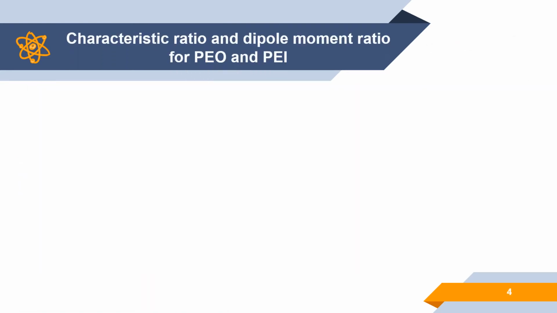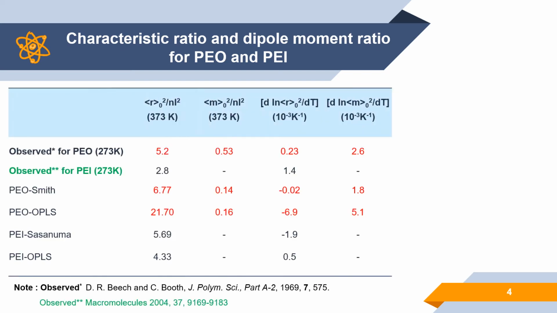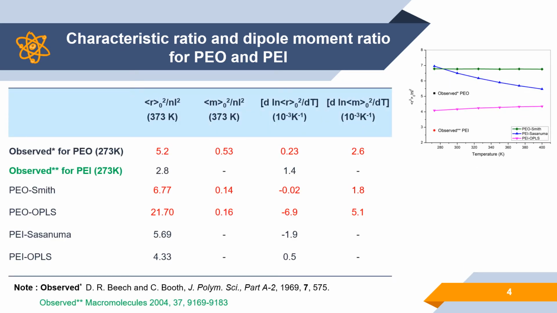After we got the RIS from those two methods, we then calculate the conformation-dependent properties, including the characteristic ratio, dipole moment ratio, and their temperature coefficient. For PO, the characteristic ratio, we found that the RIS model from ab initio gives better agreement to experiment than molecular mechanics method.